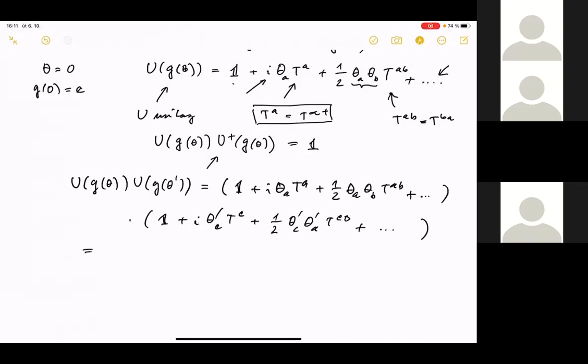And this gives us, up to the terms which are quadratic in the parameters, simply 1, this is this term, plus I TA times theta A plus theta prime A, sorry, plus the mixed terms, which come from this one and this one.